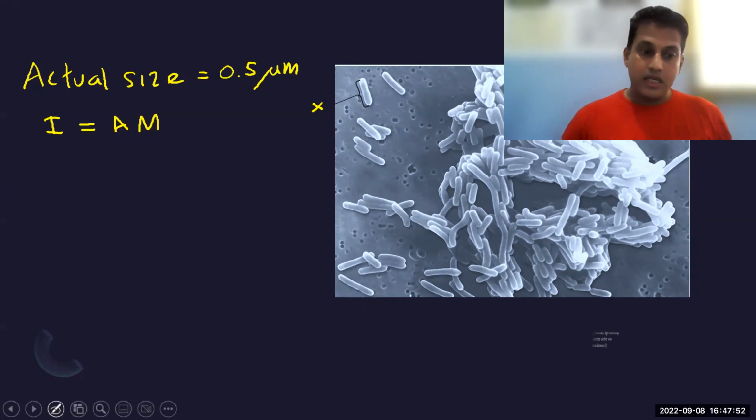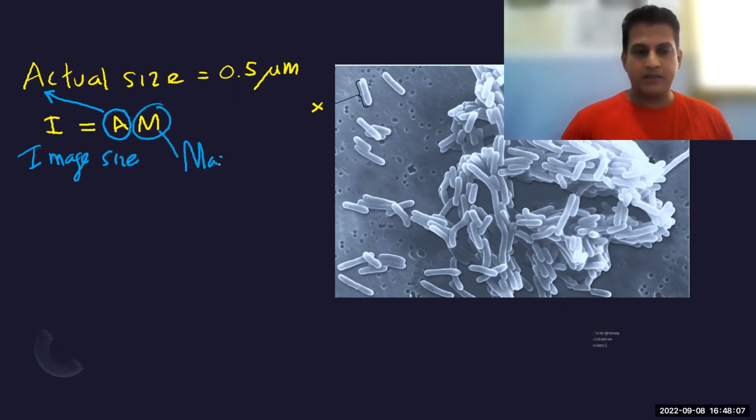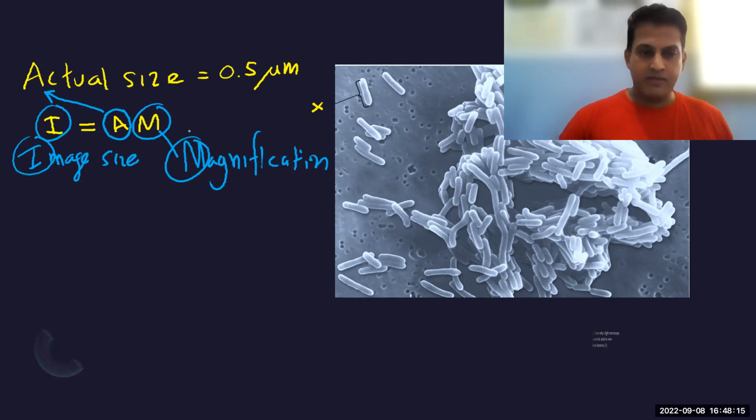A is actual size. I is image size. M is magnification, right? So image size, magnification, and actual size.